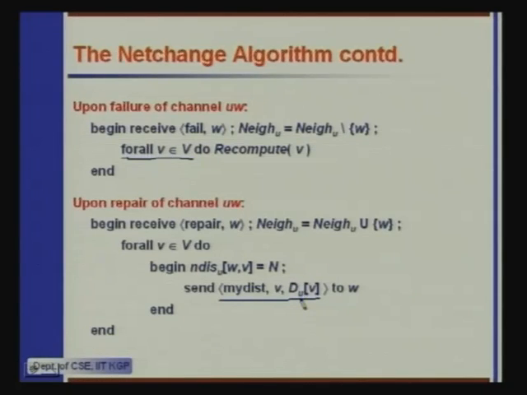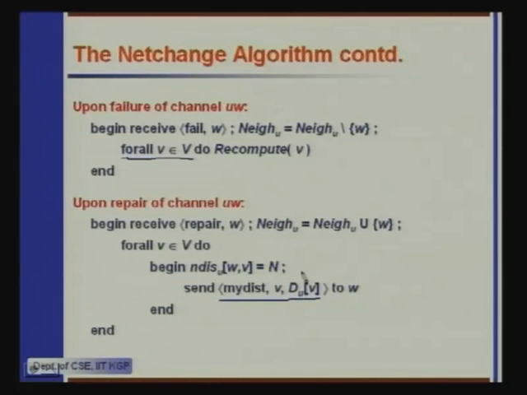So, in other words, W will send its routing table to me, and then I will update the one that I have set to N when I get the similar mydist messages from W. Then I will update NDIS UWV with that, and then I will recompute V for all V's, and whichever ones have changed, I will broadcast to my neighbors.